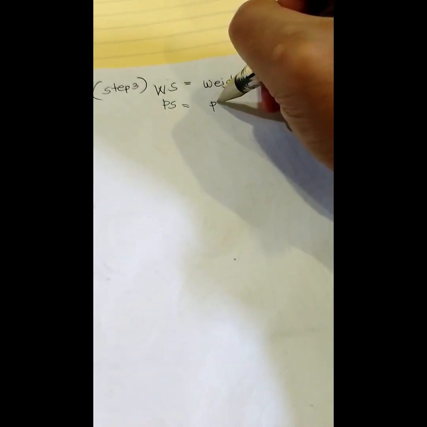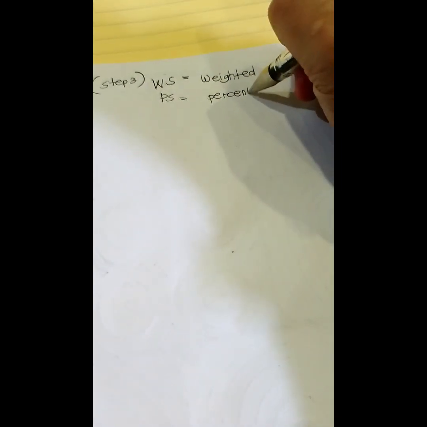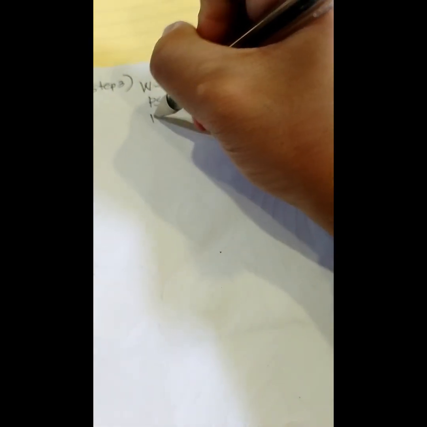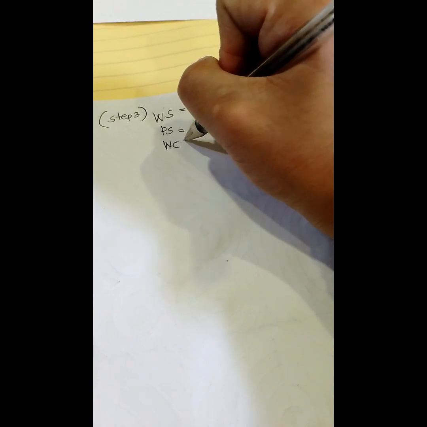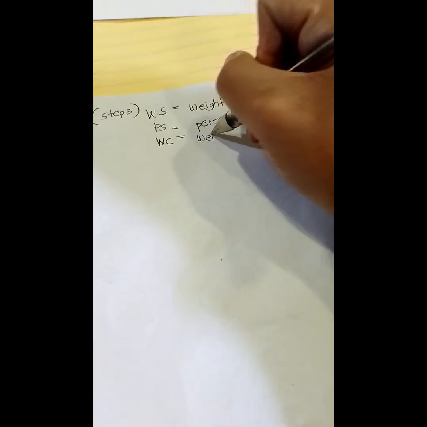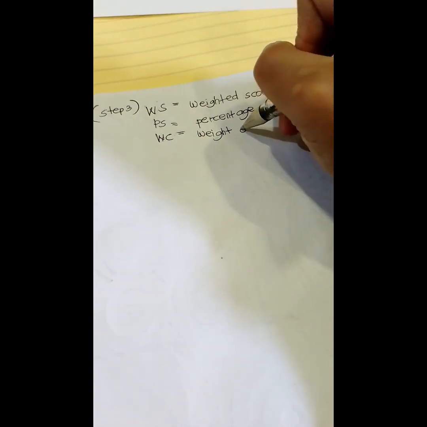The equation we use is WS, which stands for weighted score, PS is percentage score, while WC stands for weight of the component.